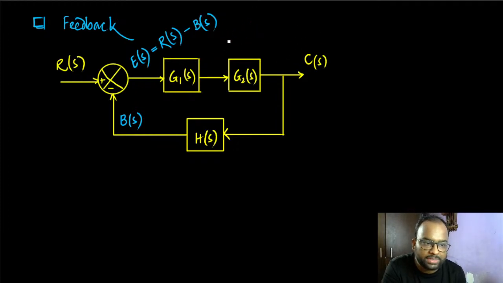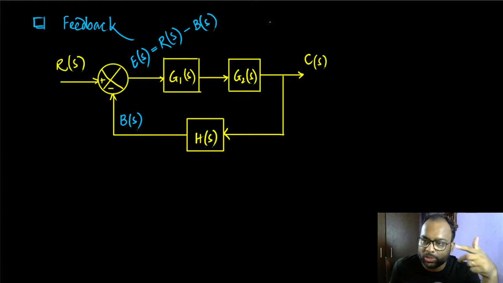Now before we proceed with this, let me ask you a question. Before I try to simplify this whole thing, is there a way in which you can apply the previously learned simplification techniques? You already learned two simplification techniques, one when two transfer functions are in cascade, and one when two transfer functions are in parallel.